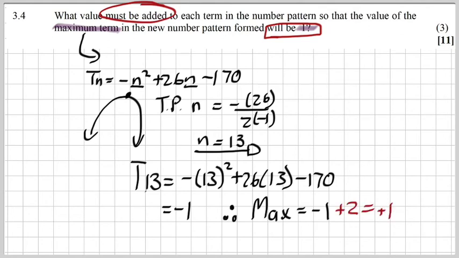I must add 2. So in other words, if I add 2 to every single term in the sequence, I'm going to get a maximum of 1. I'm basically translating my whole parabola upwards 2 units.